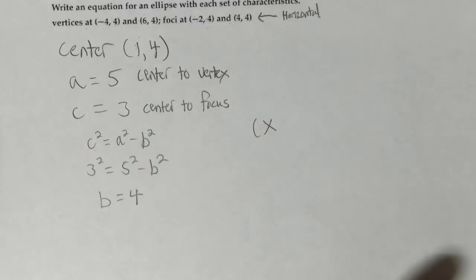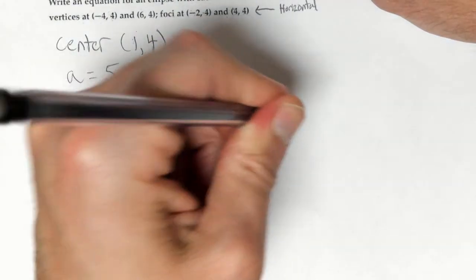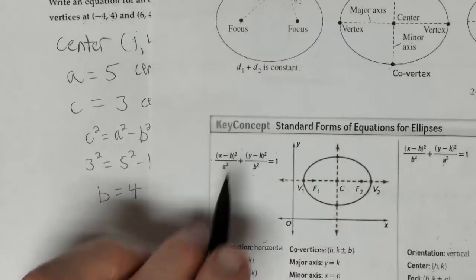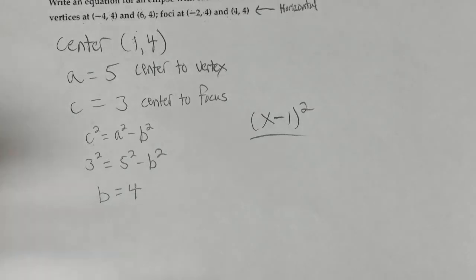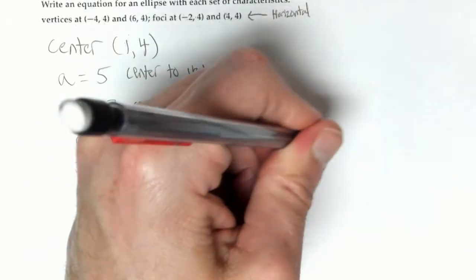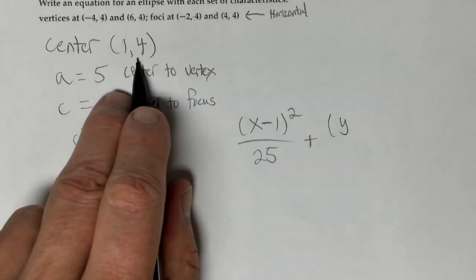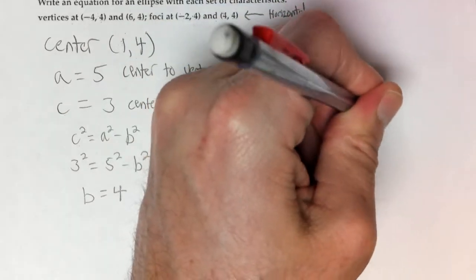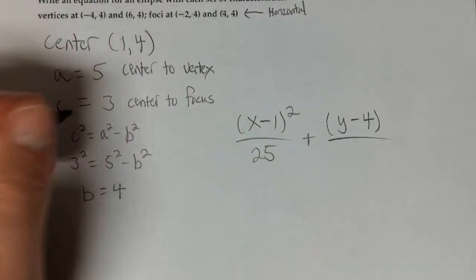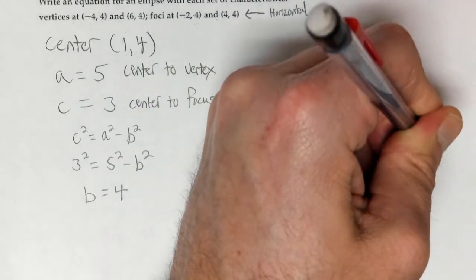It'll be X minus 1, close, squared, over A squared, and A we already found as 5, so that'd be 25 when I square it, plus, open, Y, back to the vertex, plus 4 changes to minus 4, over B squared, and B we found to be 4, which will square out to 16, and then that's all equal to 1.